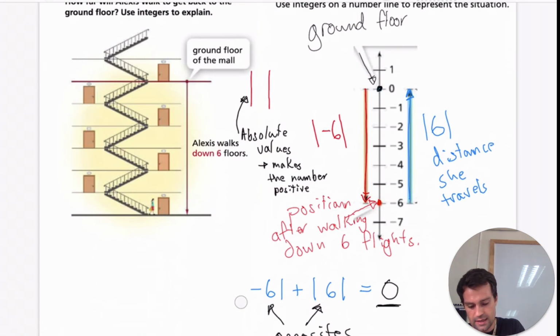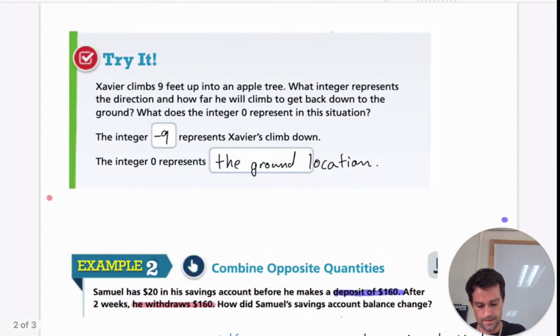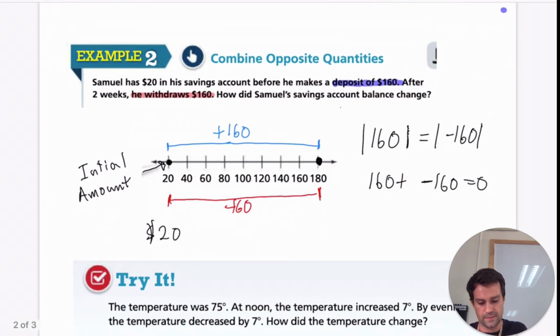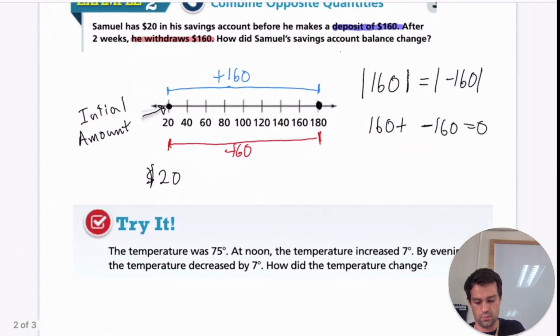I meant to say these are opposites. When you add opposites together, they are 0. You're not adding the absolute values with that. So I'm sorry for that. Going back, changing that. So just make a note of that. You needed to erase that. Okay? So we can see 160, absolute value of 160 equals negative 160. Adding the opposites together equals 0.